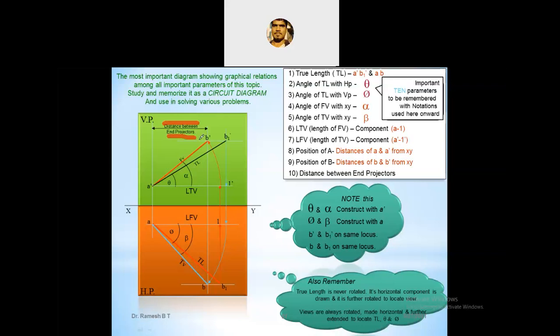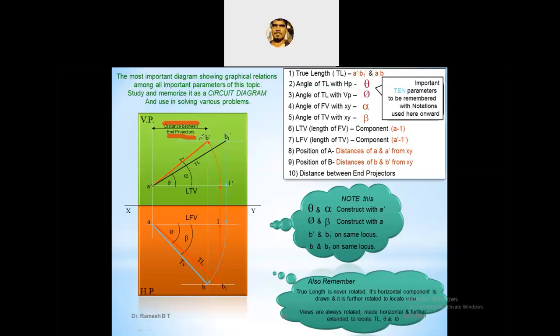Note this: theta and alpha are constructed with A dash, and phi and beta are constructed with A. B dash and B1 dash are on the same locus line, and B and B1 are on the same locus. Also remember, the true length is never rotated.